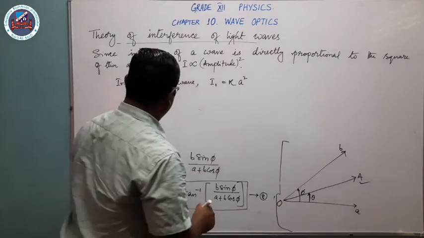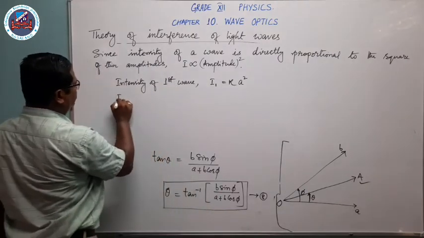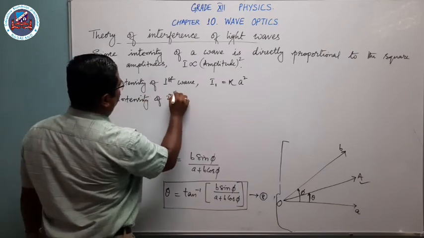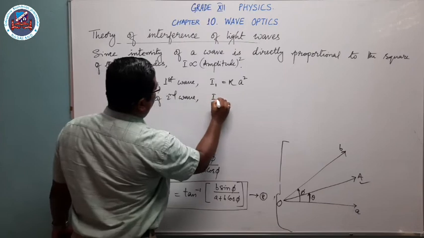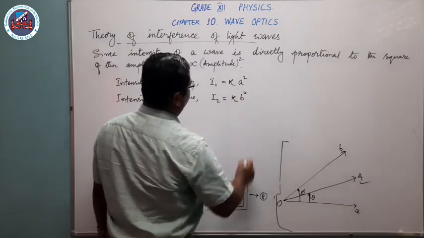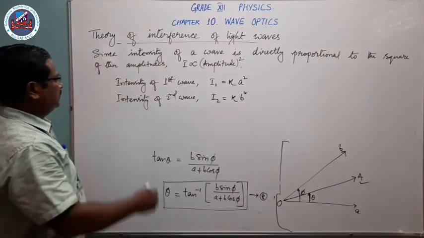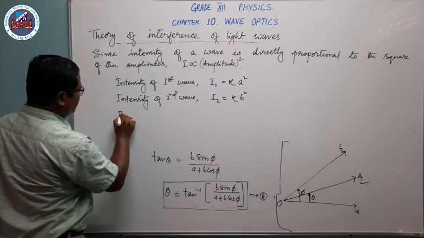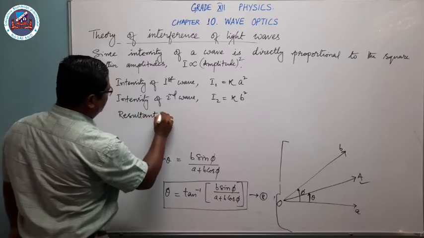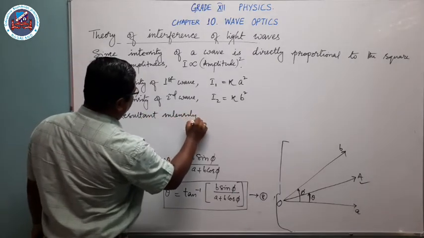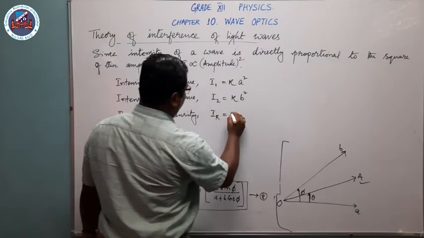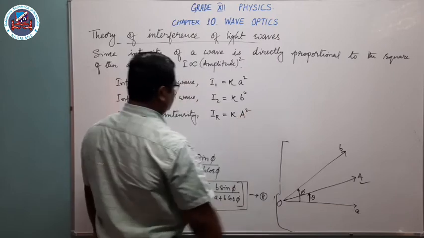Like that, intensity of the second wave, that is before interfering, I2 is equal to, amplitude is b in second wave, constant term is k, so it will be k b square, and for the resultant wave, resultant intensity, I write IR is equal to k, amplitude is a square.